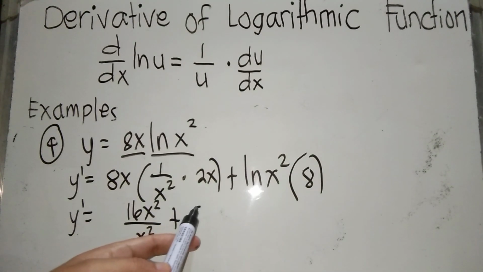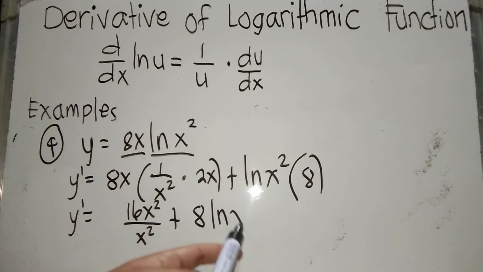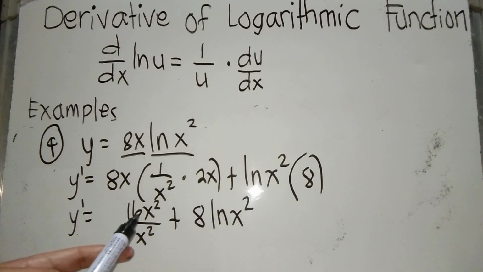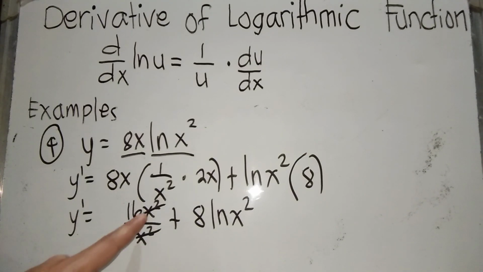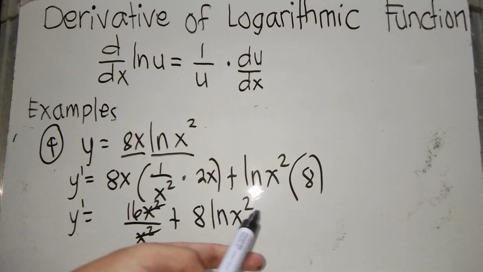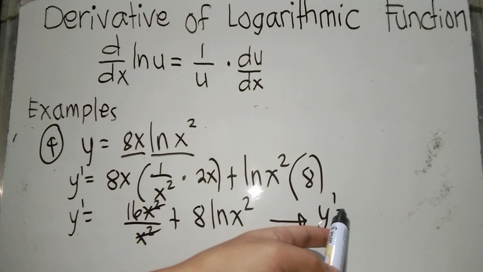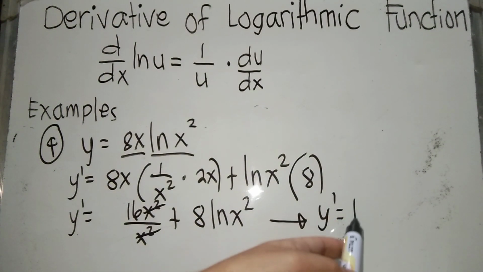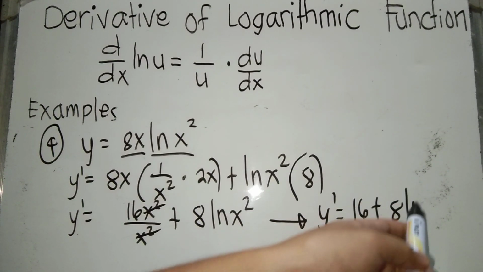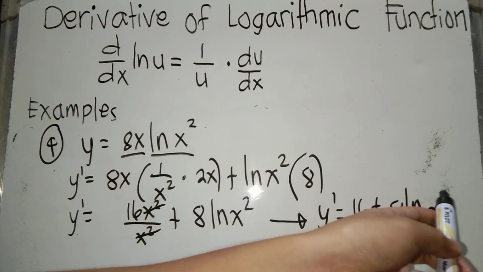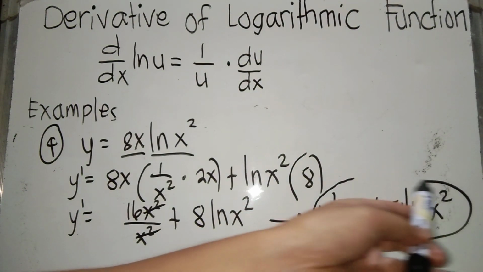You can write the 8 first before the ln x squared. Then you can cancel x squared on the first term, from the numerator and the denominator. Therefore, we could say that our derivative y prime is now equal to 16 plus 8 ln x squared. This is now our answer.